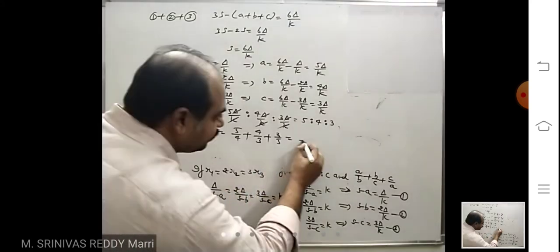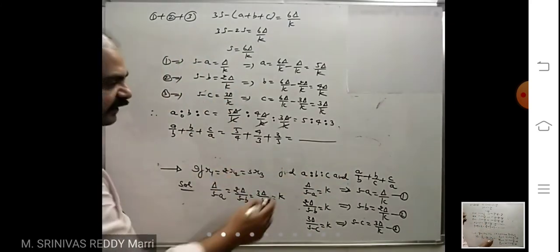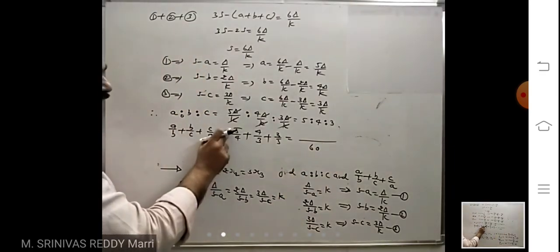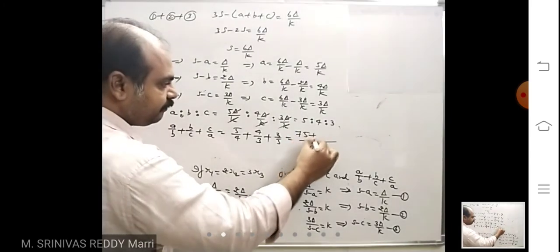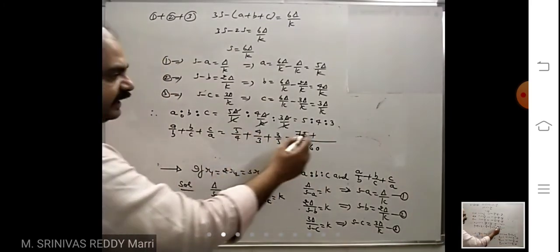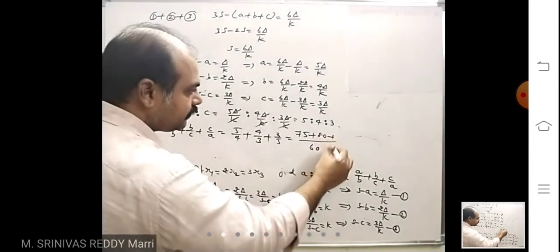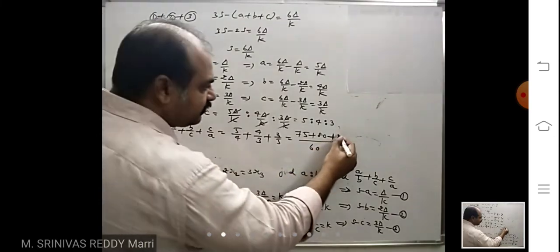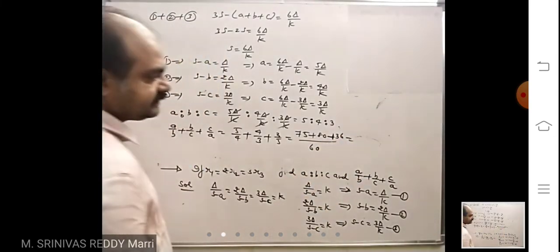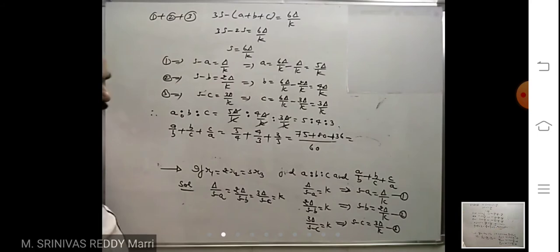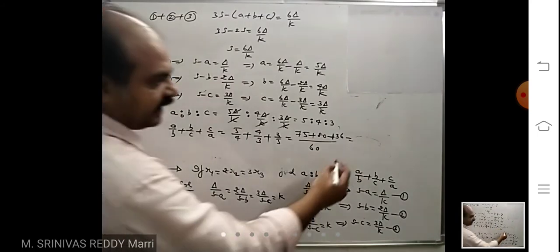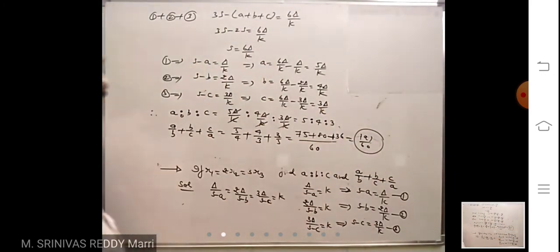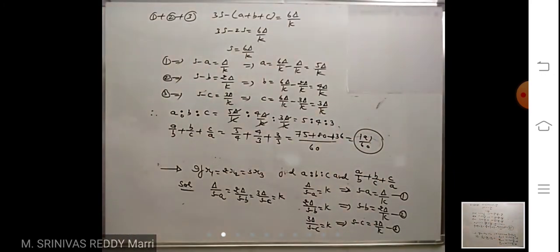Now if you take the LCM, 4 into 3, 12 into 5, 60. This is 60. Now 4 is here, 15 into 5, 75, plus 3 is here, 20 into 4, 80, plus 5 is here, 3 into 12, 36. Now look at here, this is 155 plus 36, 191 divided by 60. This is the second question answer.